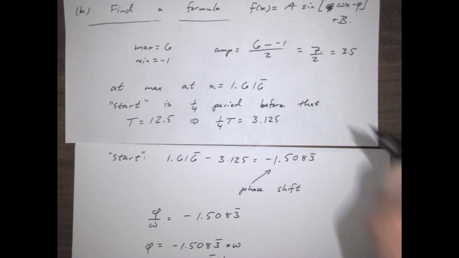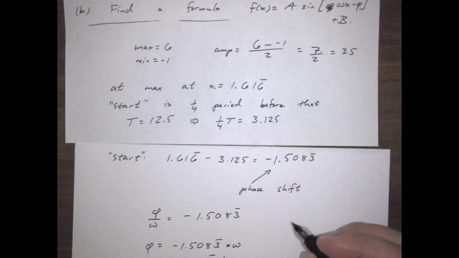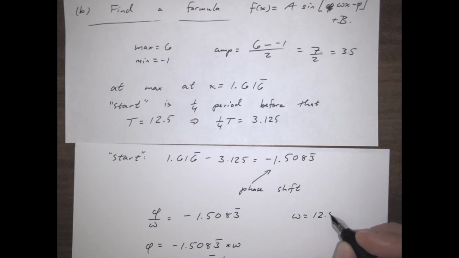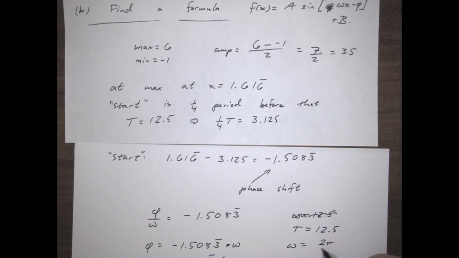Oh, and since the period is 12.5, that means omega is going to be 2 pi divided by that.